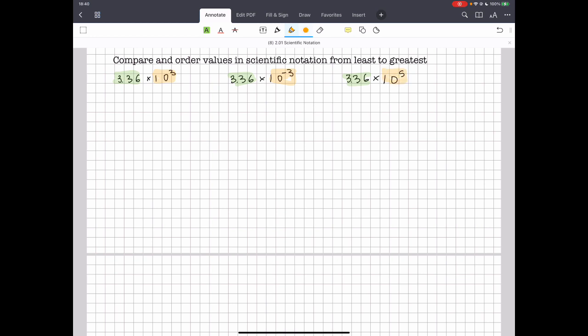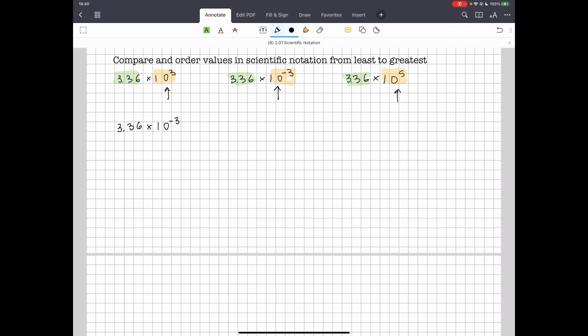I know that 10 to the negative third would represent a decimal value in standard form. The other two powers of 10 have positive exponents, so they're greater than 1. They're not decimals. Right away, I know that 3.36 times 10 to the negative third is the smallest. This is the least.